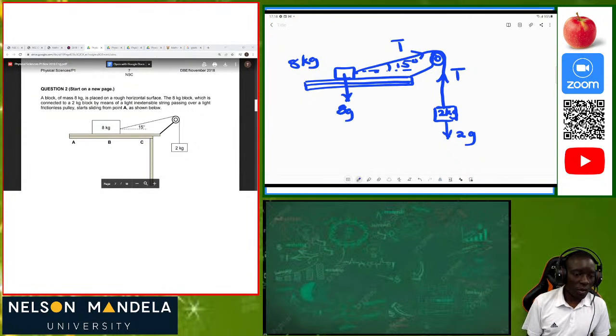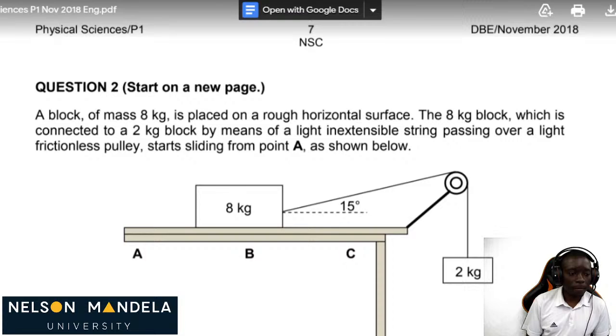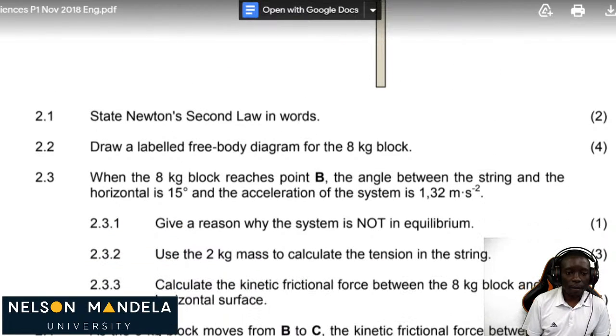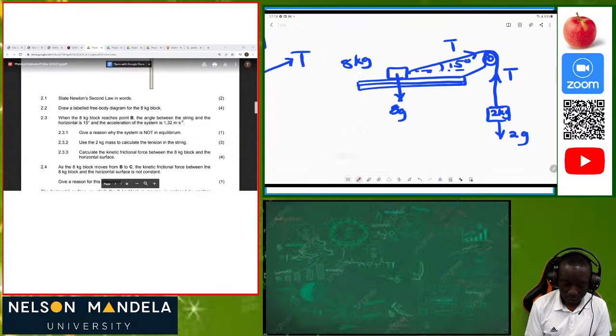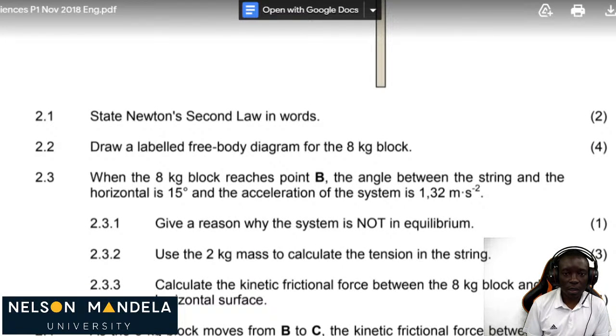Okay, so that's how we deal with the forces in this diagram. And we can move on to the next part. What does it say? Now, we're told that when the 8 kg block reaches point B, we have points there, there is initial point A. So let's say we start at A, then that's point B. Do we only have A and B in that diagram?